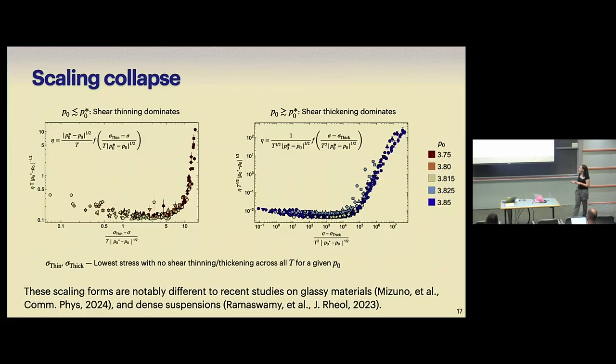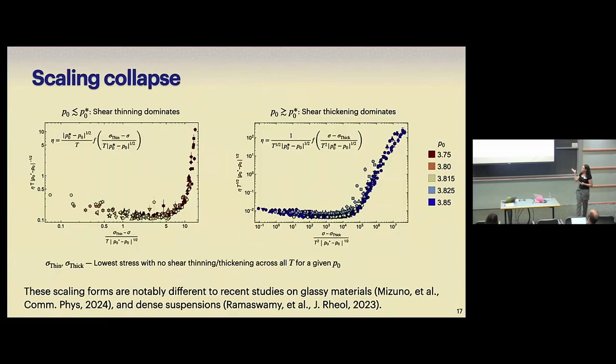So we have dependence on the temperature, we have dependence on how far the value of P0 is from this critical value, and then we have terms that depend on the applied stress, and then we have these fit parameters, which are sigma thin and sigma thick, that essentially are the stress scales where the nonlinear rheology starts or stops.